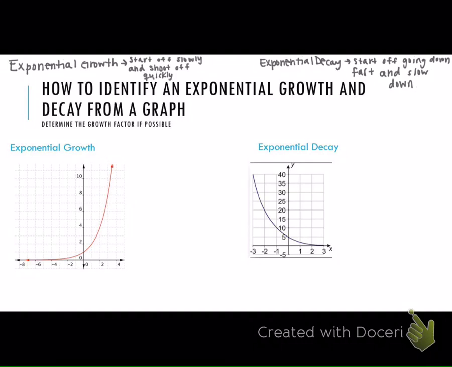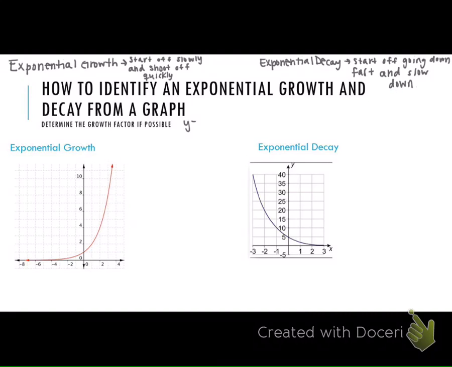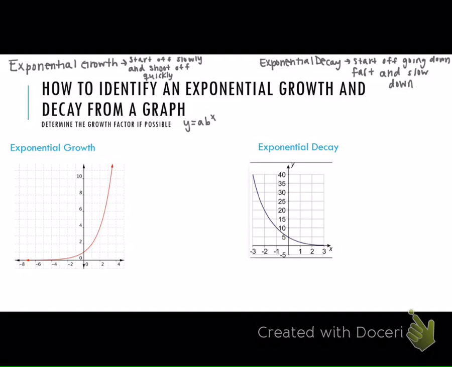This is brand new for all of you. You did not learn this last year unless you were in Algebra 1. This is a new function for you guys, okay? So please ask questions. In exponential growth, that b value, when we were talking about y equals a b to the x, right? In exponential growth, your b value is going to be greater than 1.